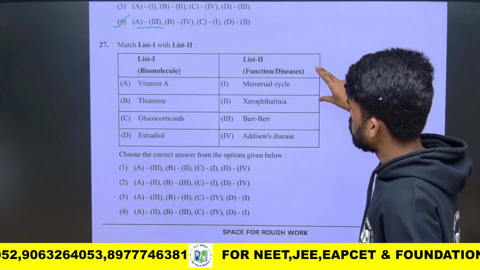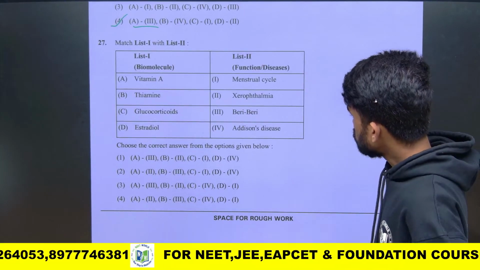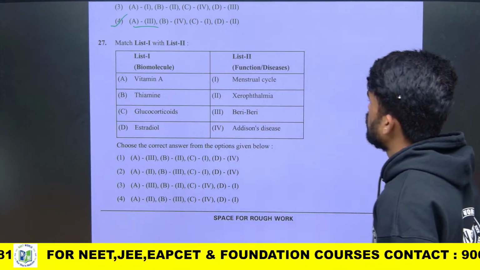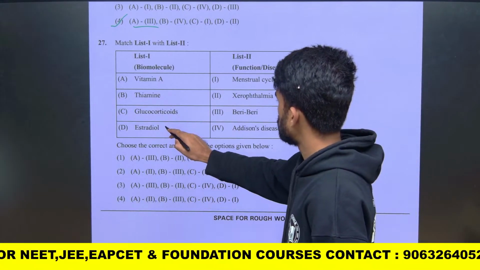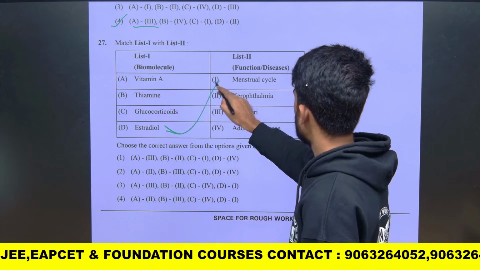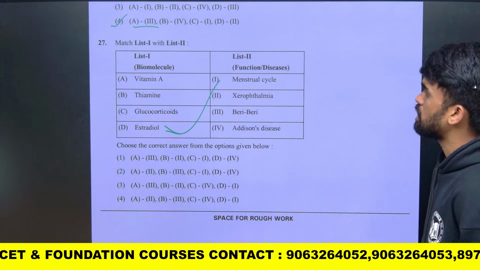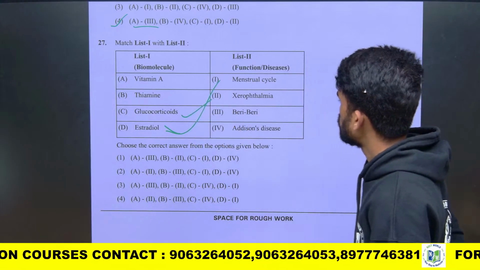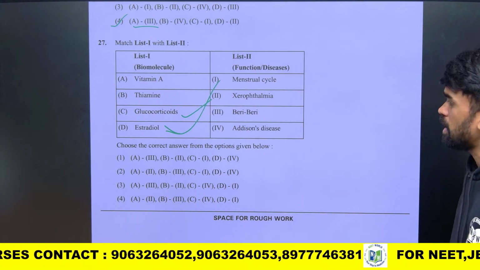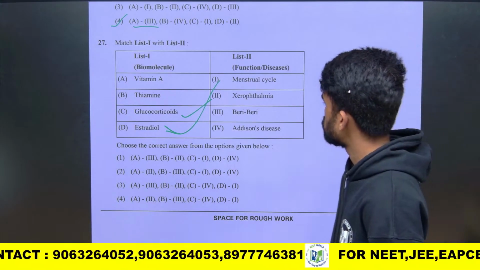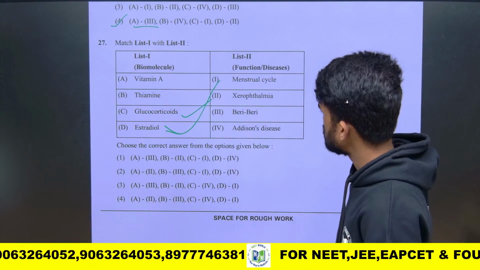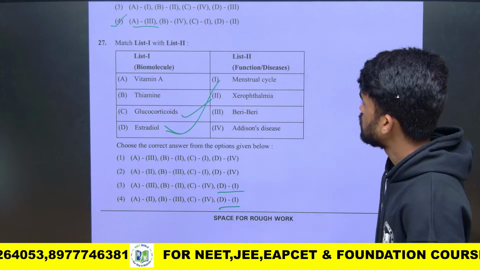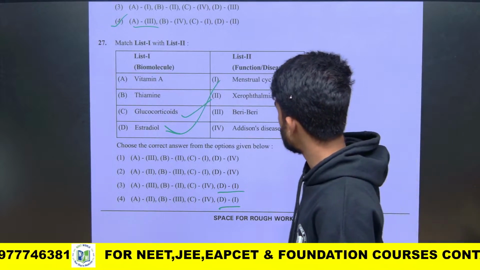Next, what about this? Here, estrogen, this will be the menstrual cycle. So function or disease with a biomolecule you can choose. So C2. Then next, this is a very static kind of concept, so directly you can choose. So again choose D1. Where do we have D1? So D1, and the next C2, C3.